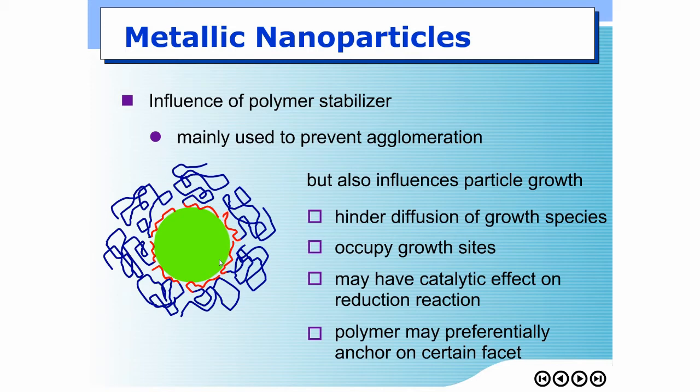So if you have, let's say, a 6-sided cube and 4 sides are not covered by polymer, only 2 sides are covered, then the growth on that exposed surface will be faster. And that means the morphology of your particles will eventually be affected. Alright?